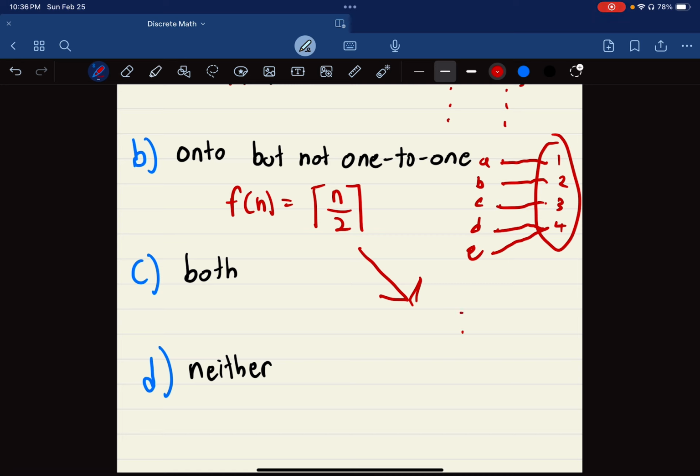So if you have, say, A, B, C, D, A, B, C, D. I don't know why I'm using letters when it's numbers. Sorry, guys. 1, 2, 3, 4, 1, 2, 3, 4.